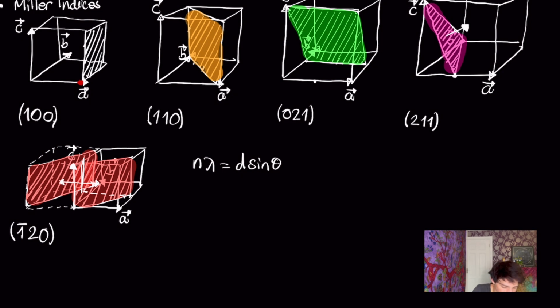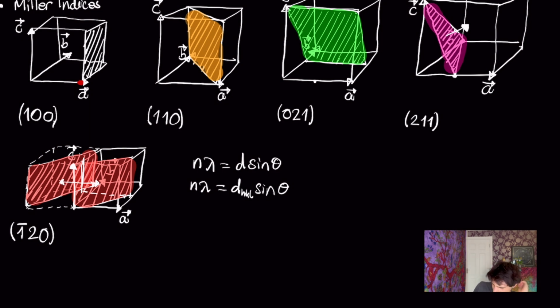And so in order to notate that, we can write n lambda is equal to d HKL, where H and K and L are the Miller indices, so they're these 3 numbers right here, times the sine of theta. So this is the distance between Miller planes right here.